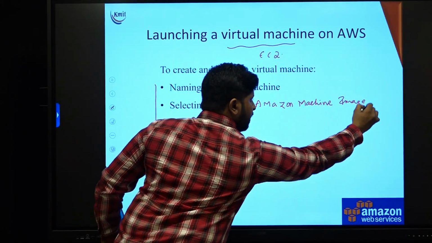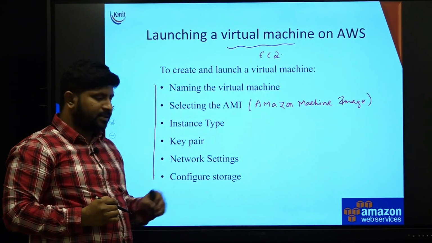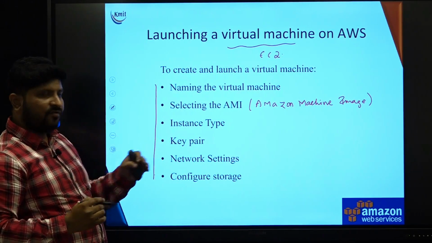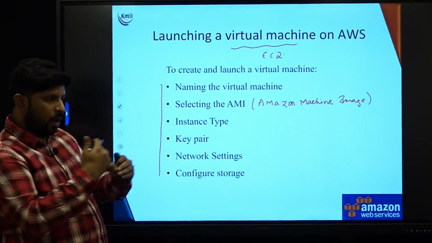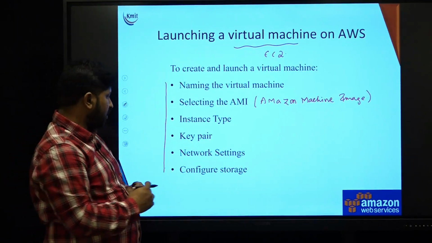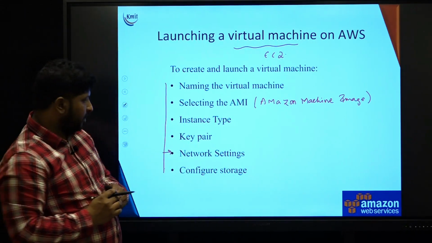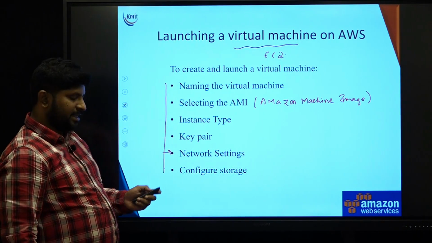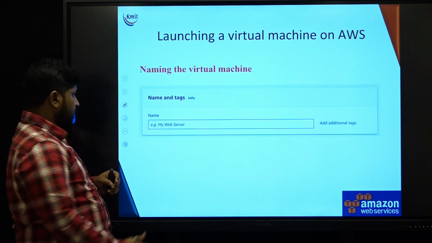We will be looking at what it is, and we will be selecting the size of the instance, that is in the format of instance type. For security, we use a key pair to have access to our EC2 instances deployed on AWS. At the same time, we will be focusing on network settings and configuring the storage for our EC2 instance.